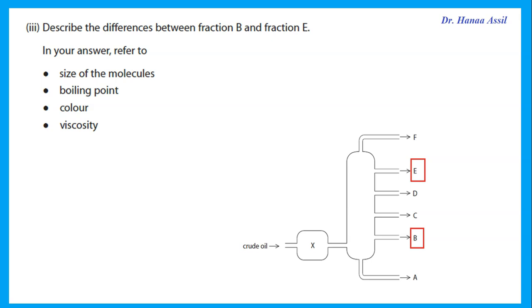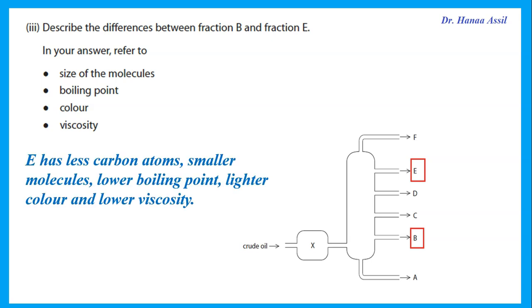So the one collected at the top, so here for example E is at the top of B, the one collected at the top have less carbon atoms, that means smaller molecules. They have lower boiling point, lighter color, and less viscosity. They're not viscous. Remember, viscosity means thick liquid. As I go down, it becomes more viscous, larger molecules, higher boiling point.